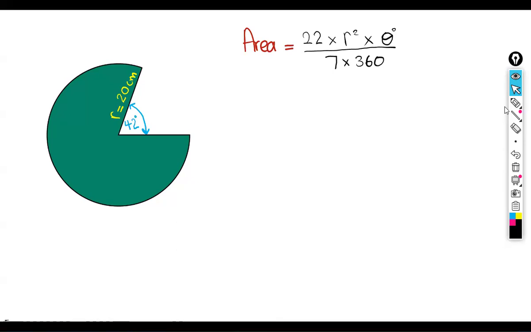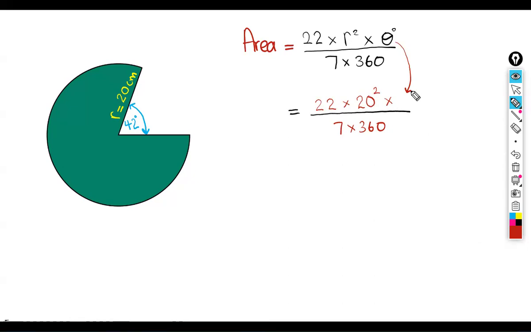So let's substitute the values into this formula. We have the 22. The radius is 20, so radius is 20 squared. So we have 7 multiplied by 360 underneath. But the angle, is the angle 42 or am I trying to trick you?